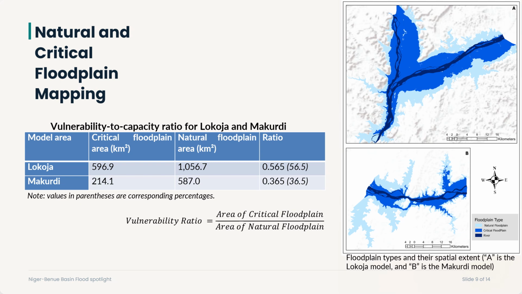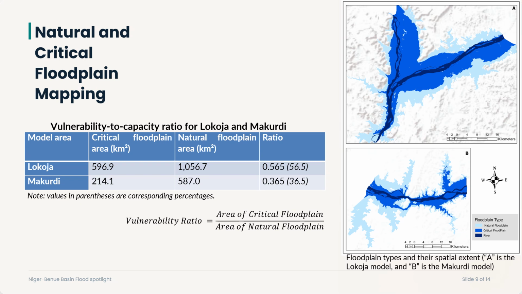of the Lokoja floodplain. By contrast, the Makurdi model, that is model B, map B, shows a lower ratio of 0.365, or roughly 37% of its natural floodplain classified as critically vulnerable.